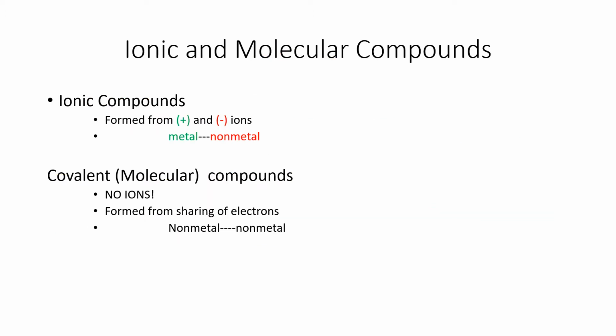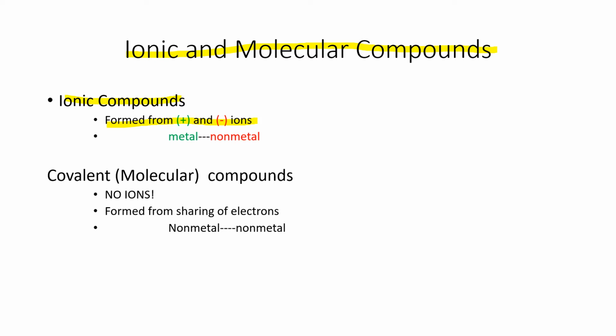There are two different types of compounds that we'll be dealing with: ionic and molecular compounds. We'll start with the ionic compounds. Ionic compounds get formed from positive and negative ions. It's the attraction between the positive ion and the negative ion that keeps the different components together to form that compound.